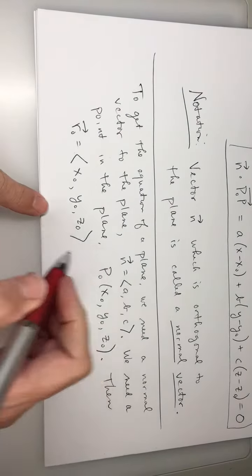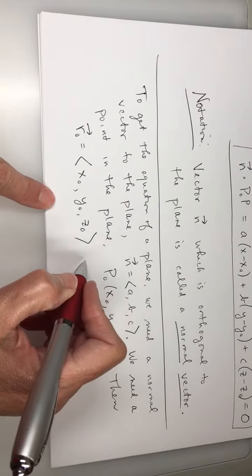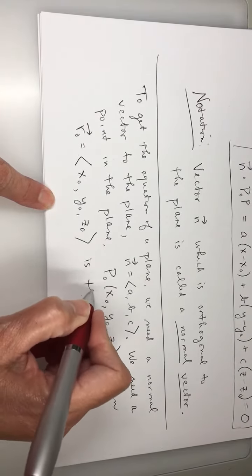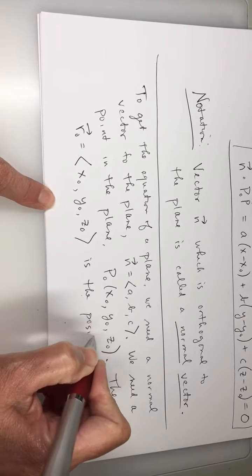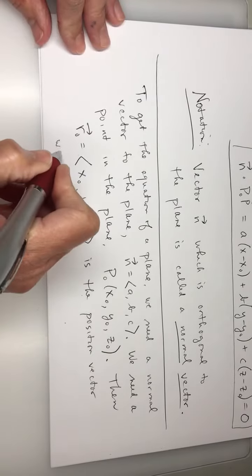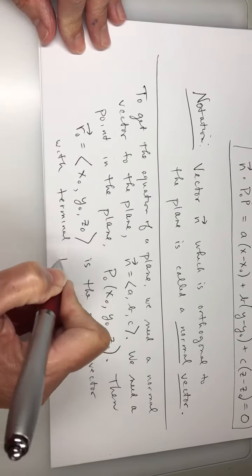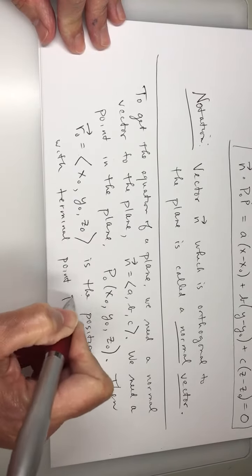This vector is the position vector that has terminal point p sub 0. So I'll write that. It's a position vector with terminal point p sub 0.